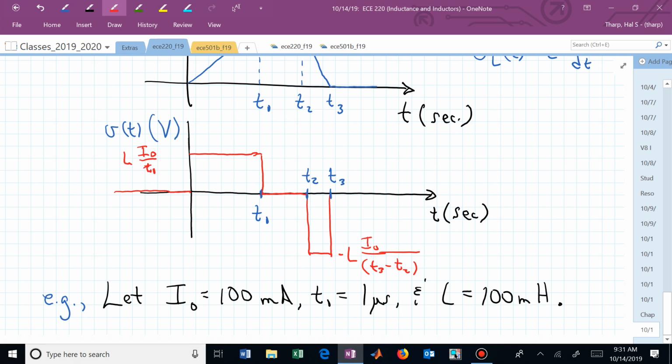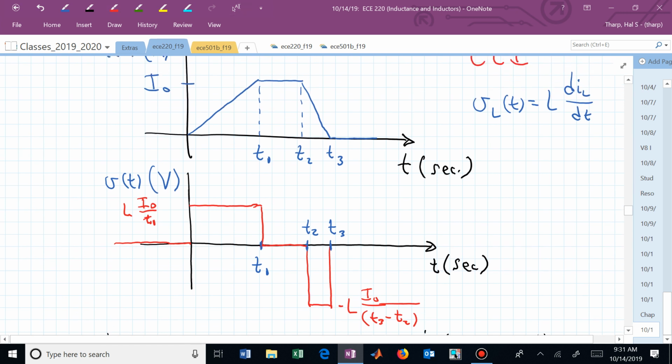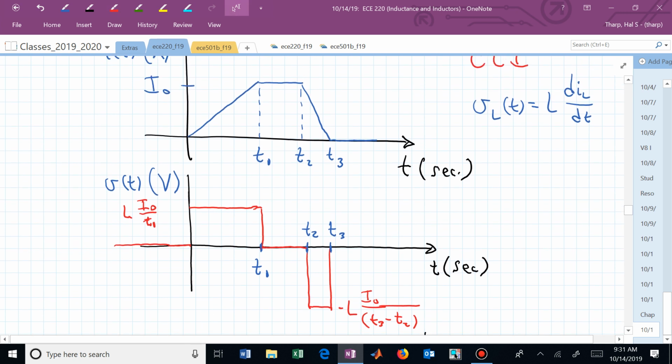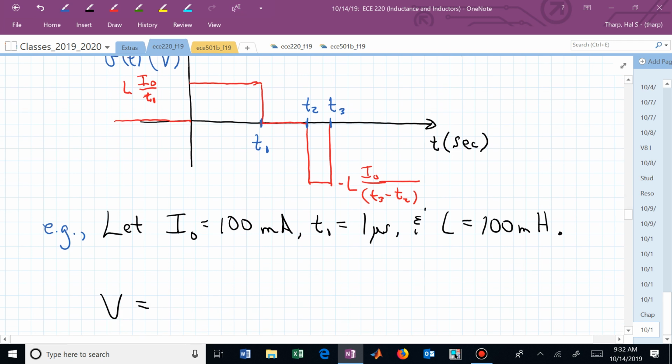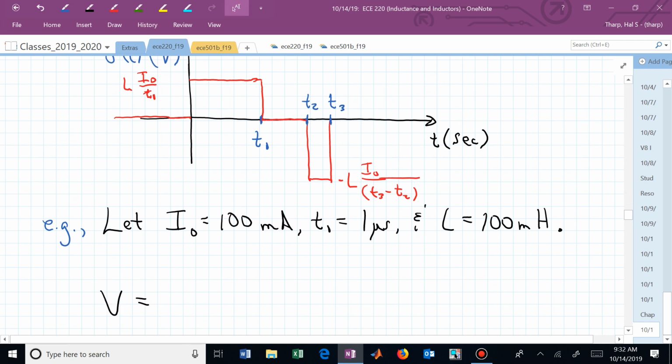In that first pulse of voltage, let's just put some numbers to it. For example, suppose we let the current be 0.1 amps or 100 milliamps. That's now what the value of I sub 0 is at its maximum. Then let's assume that T1 is now 1 microsecond and L is 100 millihenries.